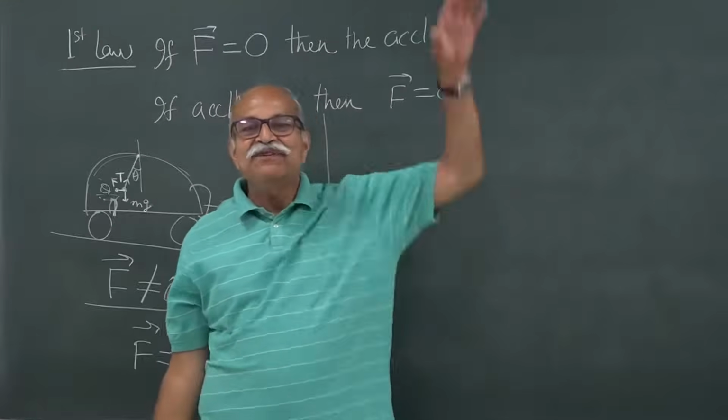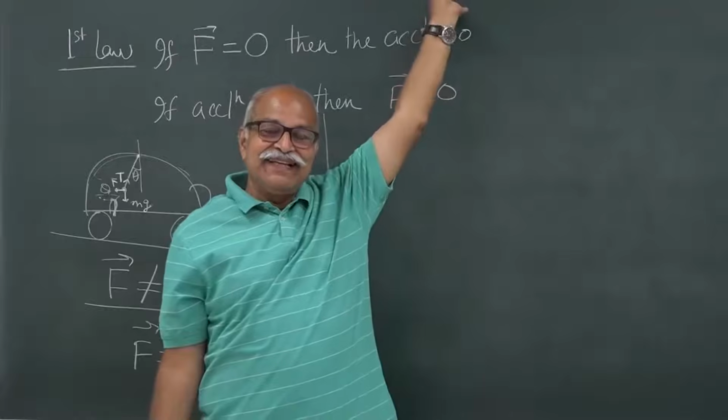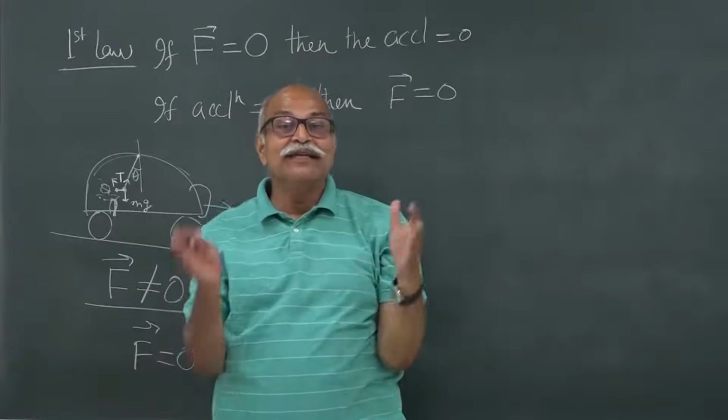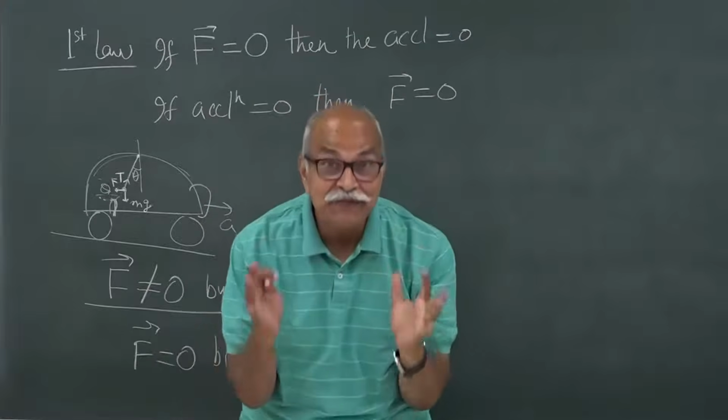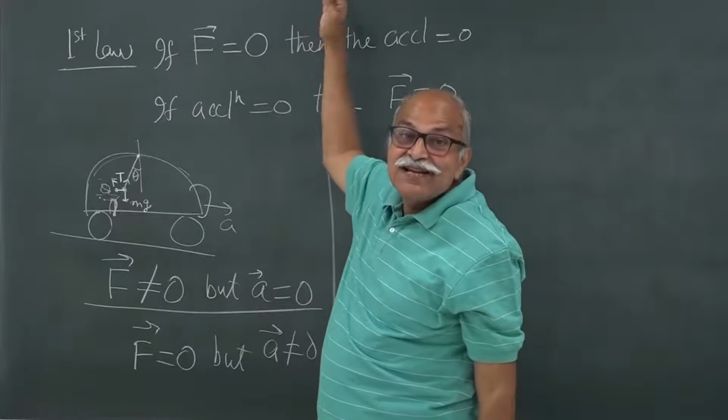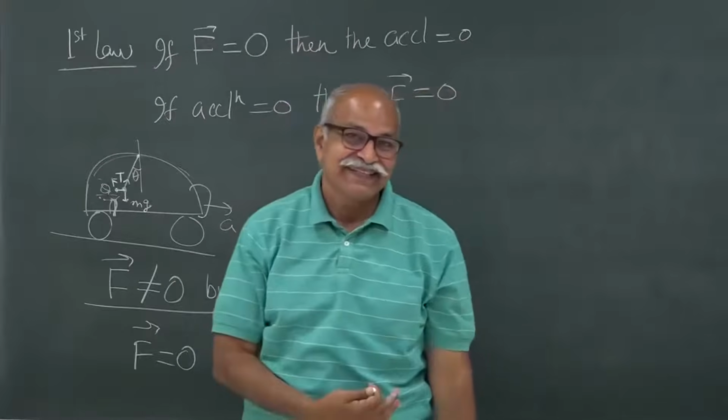So, essentially what this Newton's first law is doing, it is classifying that there are at least some frames in which this holds, and we call them inertial frames of reference.